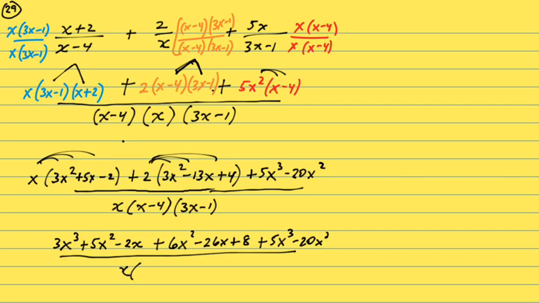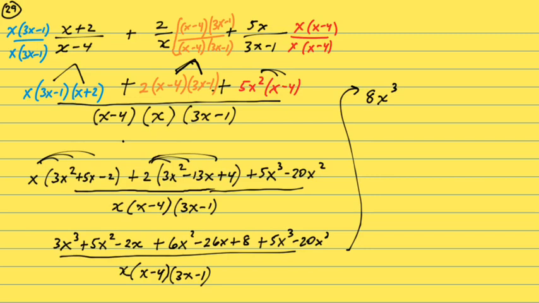Again, all I have to do is simplify the numerator, so let's work on that a minute. Bring it up over here. How about x to the thirds? What is 3x to the third and 5x to the third? I believe they would combine to give me 8x to the third.